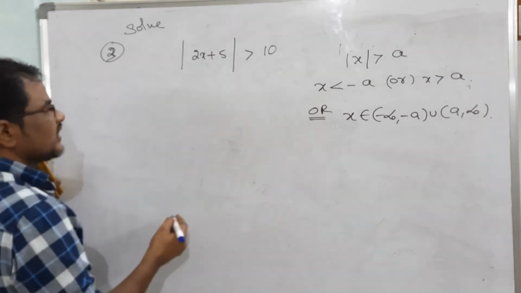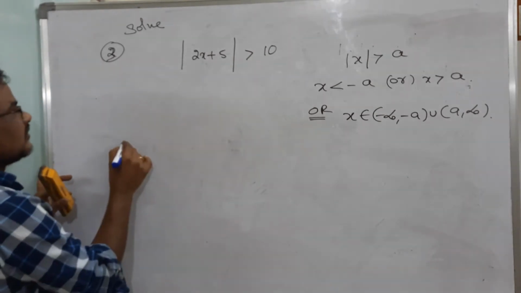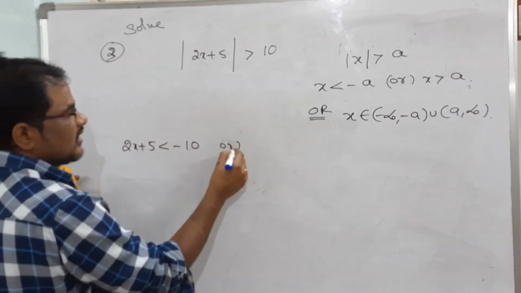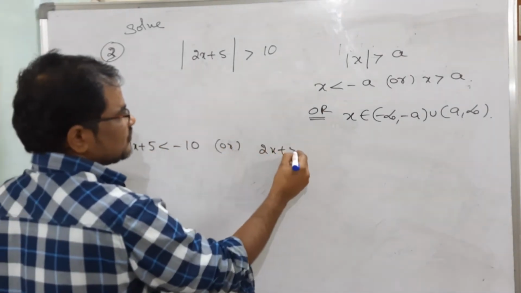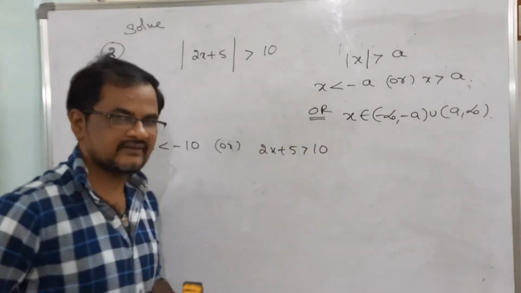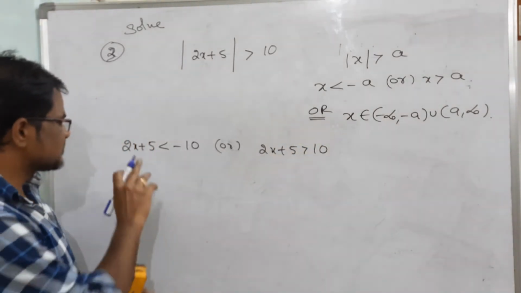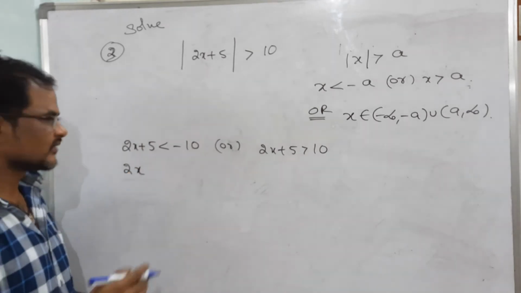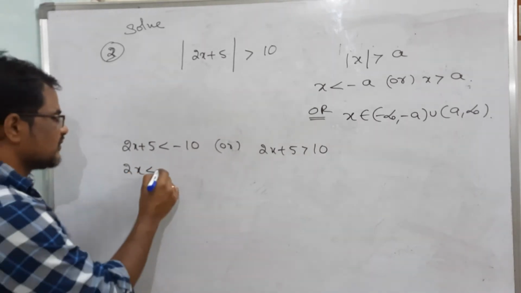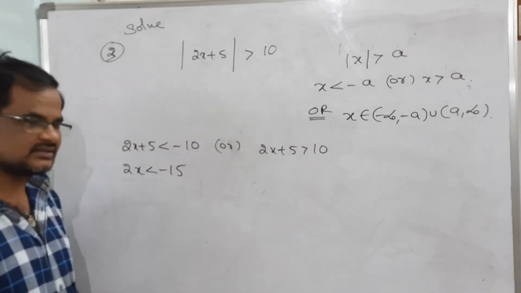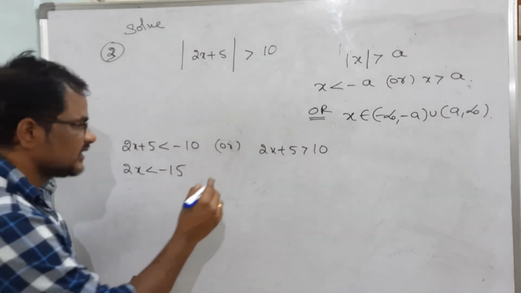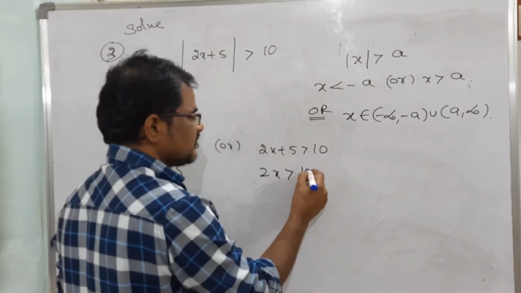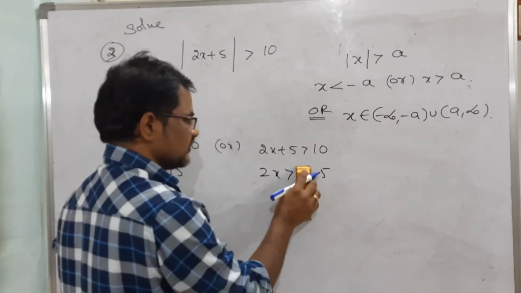So 2x plus 5 less than minus 10 or 2x plus 5 greater than plus 10. Now simplify: take this 5 to that side, we get 2x less than minus 15. And here, 2x greater than 10 minus 5, means 5.